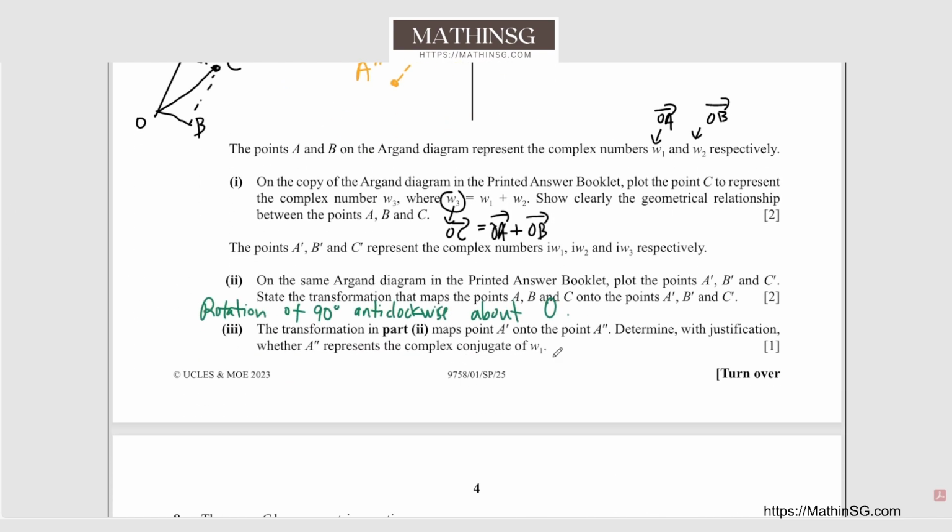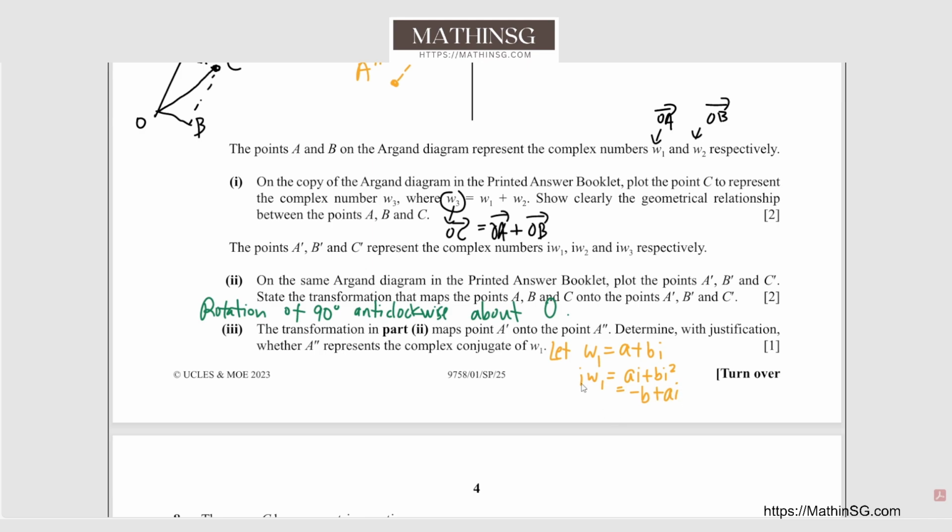So next, what do they ask? Determine with justification whether A prime prime represents the conjugate of W1. If I let W1 equal A plus BI, then I W1 is equal to AI plus BI squared, which is negative B plus AI.